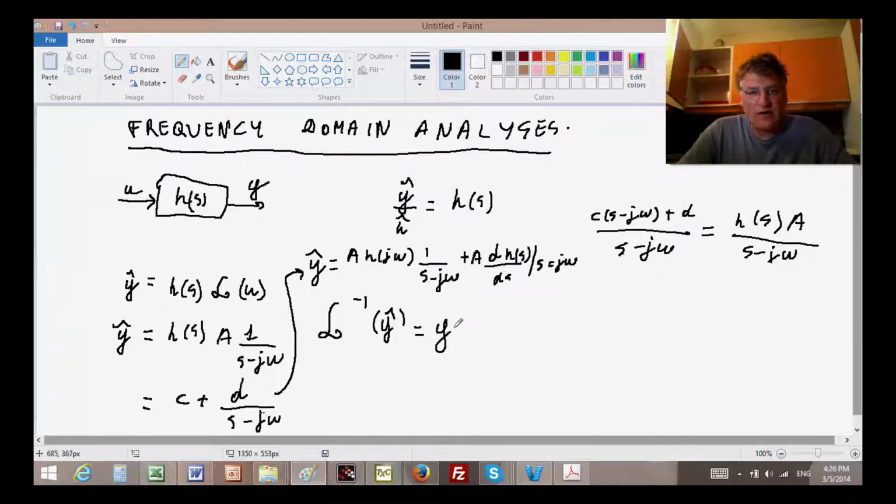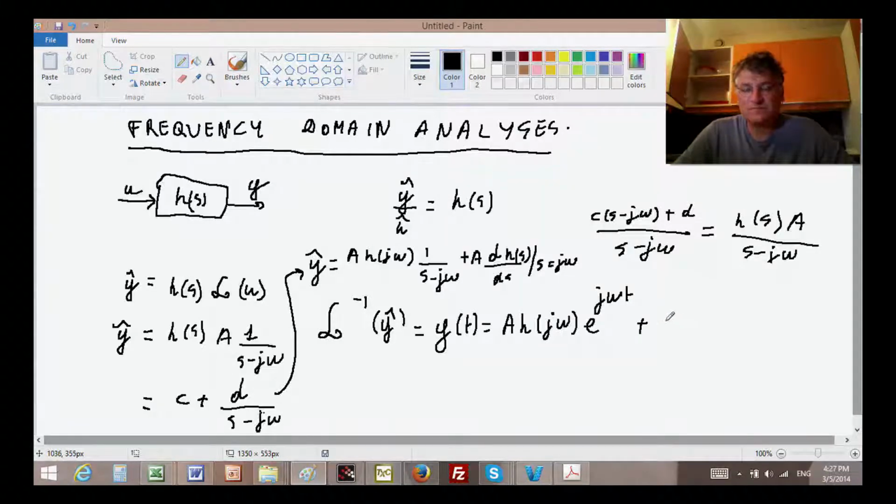That is y of t, and that will be equal to A h of j omega times e to the j omega t plus A, the inverse Laplace transform of dh ds when s is equal to j omega.